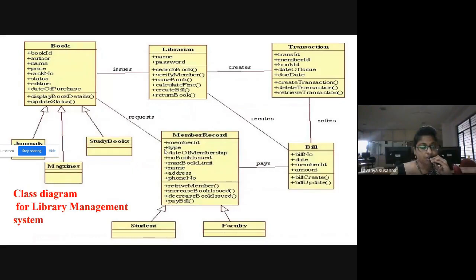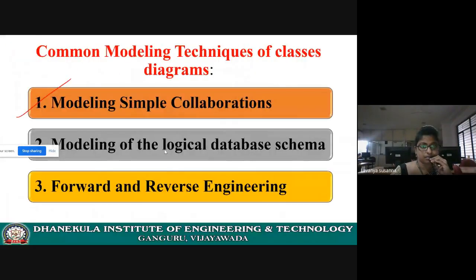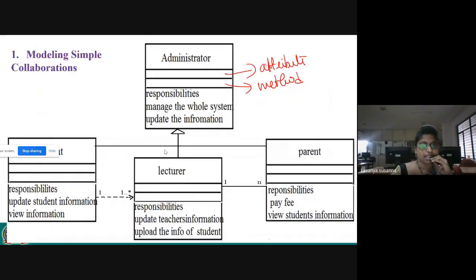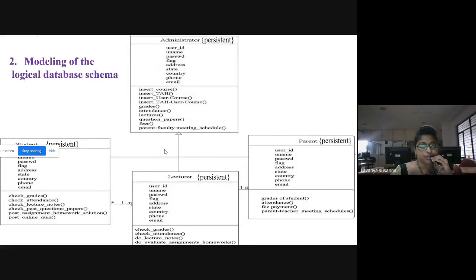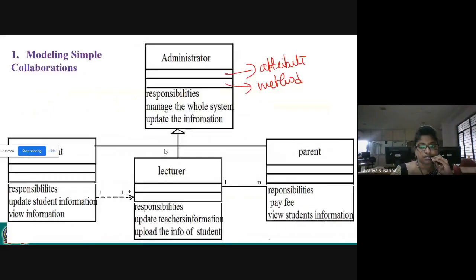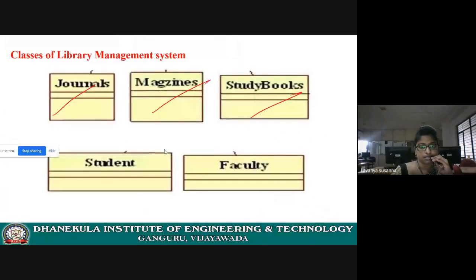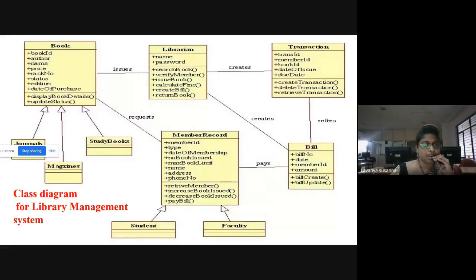Now, you need to draw completely. Modeling simple collaborations means you need to identify like this. First identify the classes, then identify the responsibilities, simple attributes and methods.